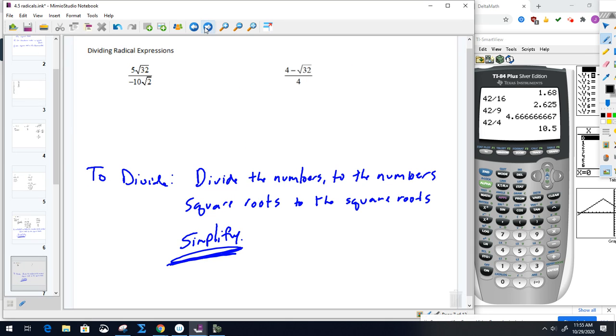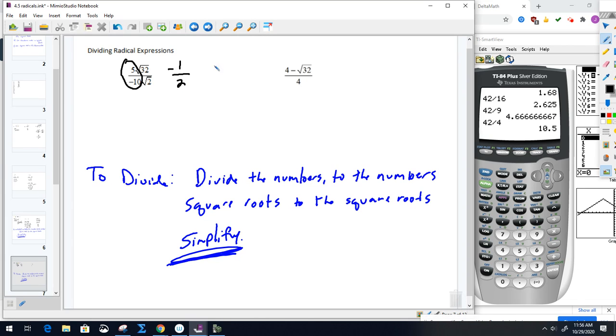Let's take a look at division here, and same thing. We divide the numbers with the numbers and the square roots with the square roots, and then we simplify when we can. So looking at this problem right here, this 5 over negative 10 could reduce to a negative 1 over 2.